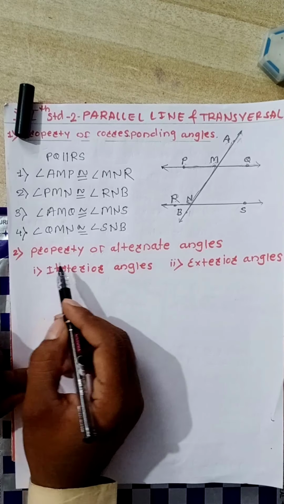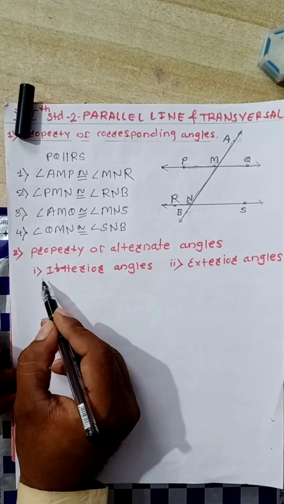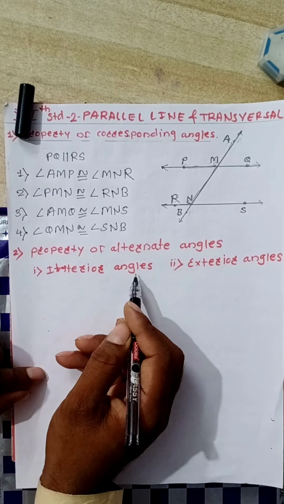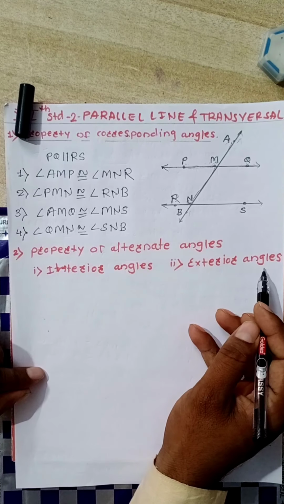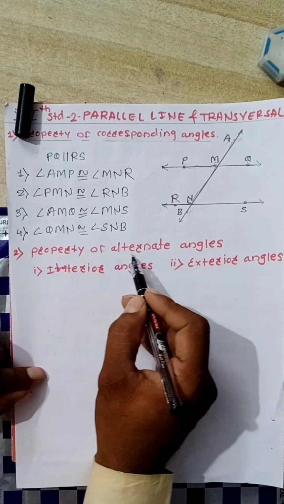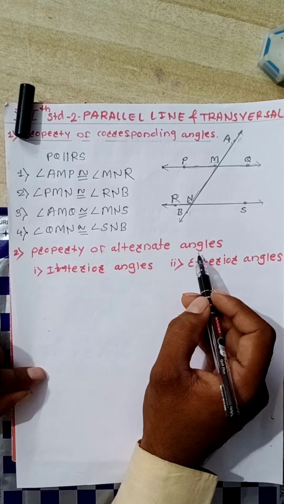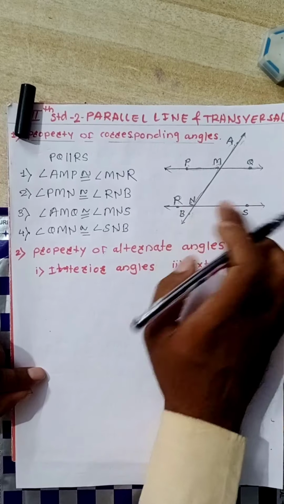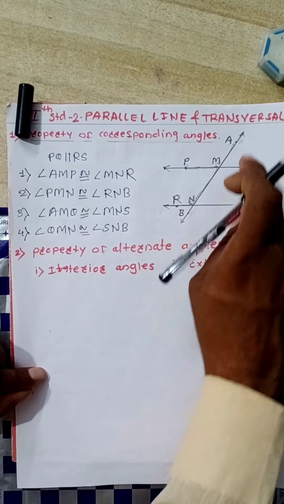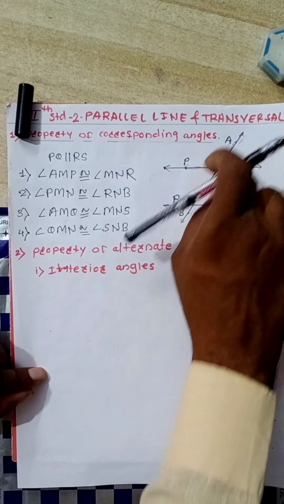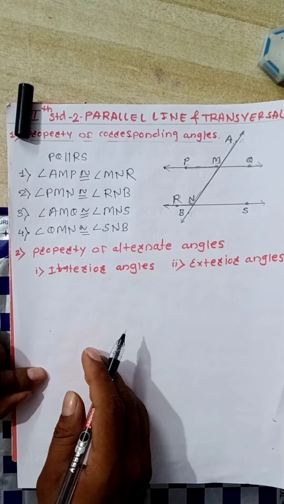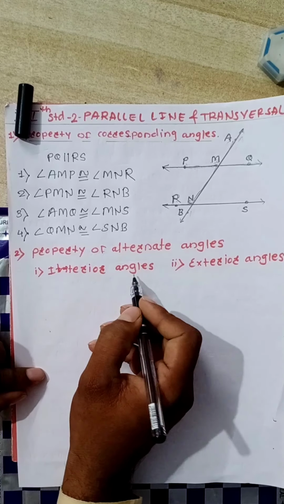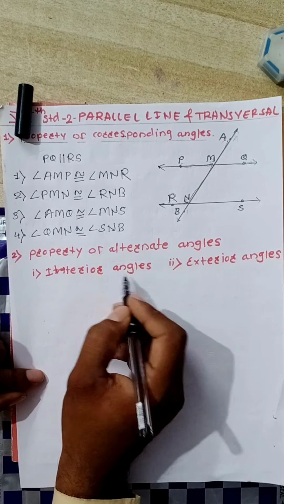Now our next point is property of alternate angles. There are two types of alternate angles, first is interior angles, second is exterior angles. So first, what is meant by alternate angles? Alternate means each pair of alternate angles formed by two parallel lines and their transversal are congruent angles, meaning they are equal. So first write down interior alternate angles.